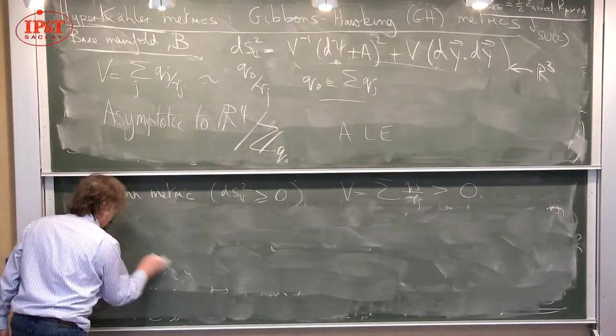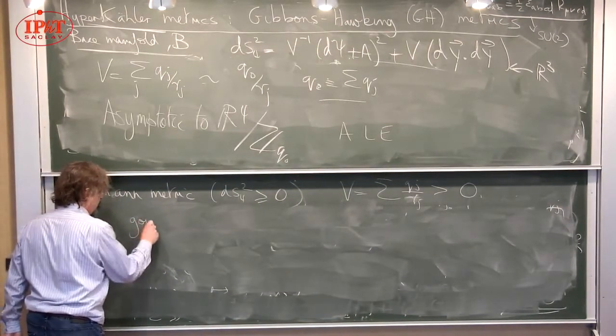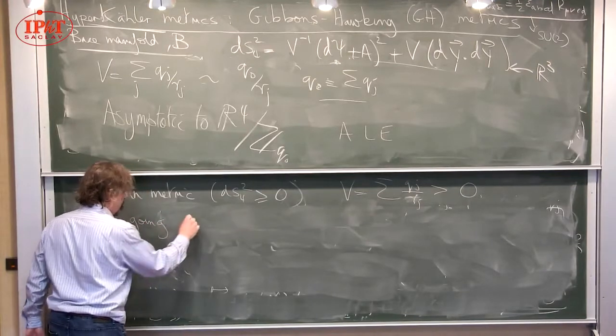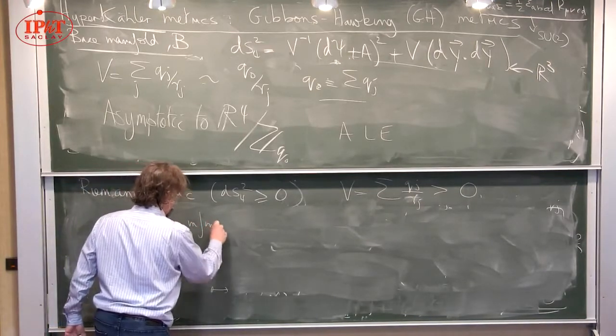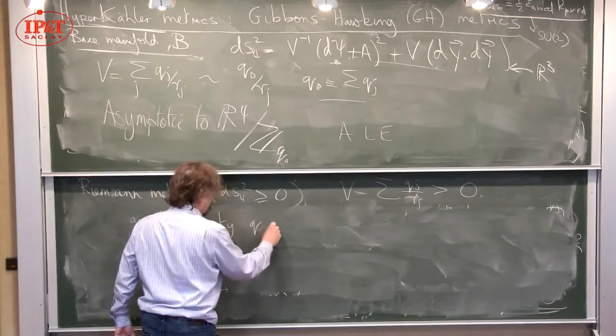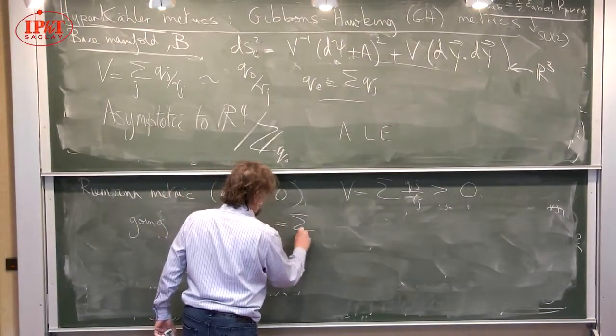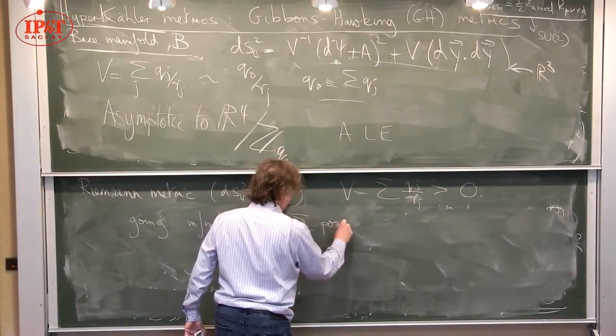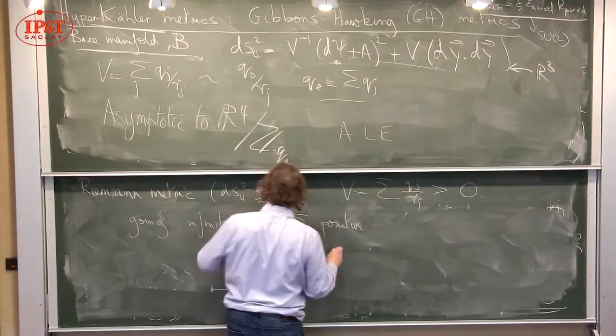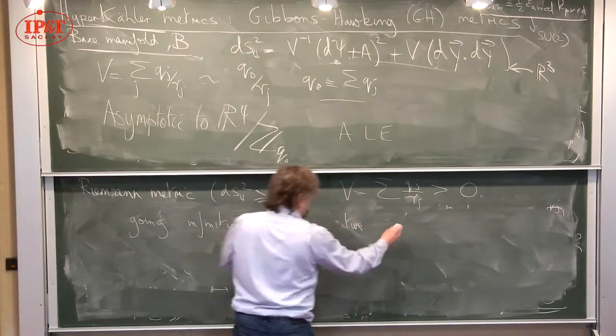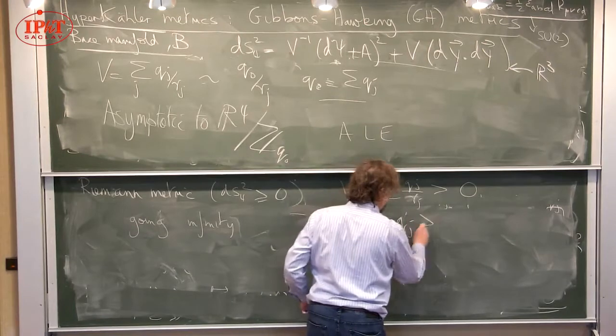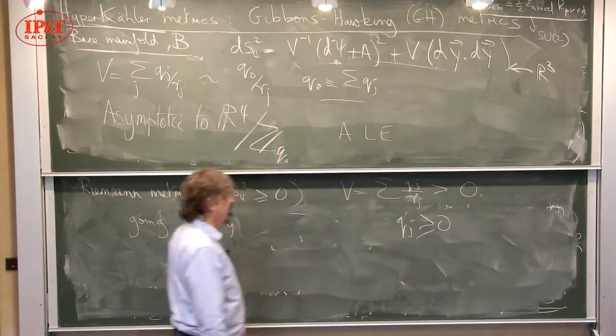That means that when you go to infinity, Q naught, which is the sum of the Qj, of positive numbers. Let me put it that way. That means Qj has to be positive, or 0, of course.